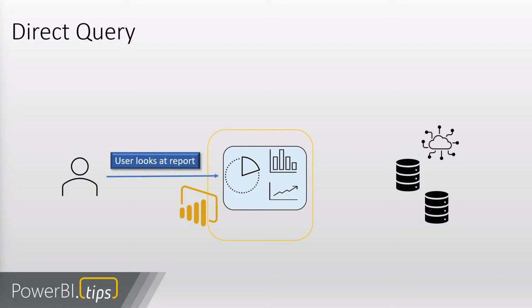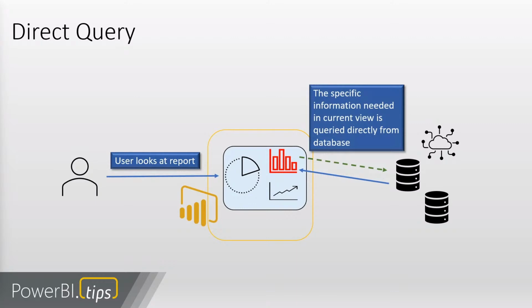A user looks at a specific report, and they might interact with a specific visual or apply a filter. Now, the specific information is needed, and it's going to query this directly from our database. So as you apply filters, it's going to send specific queries just to get the information to populate what you're looking at on the report.